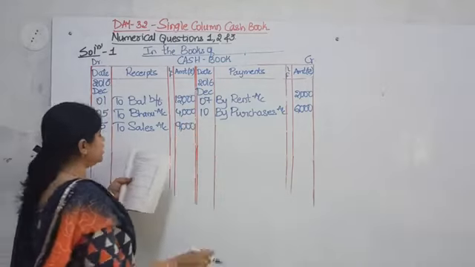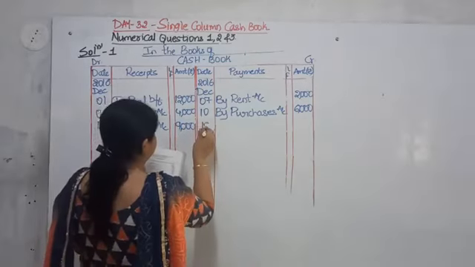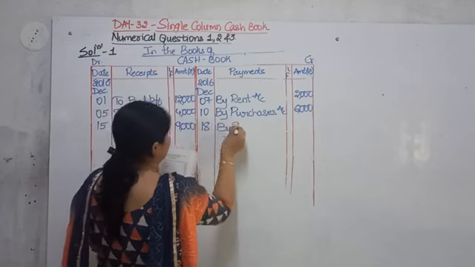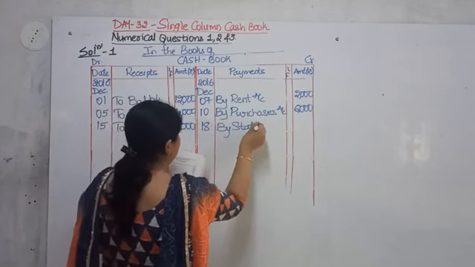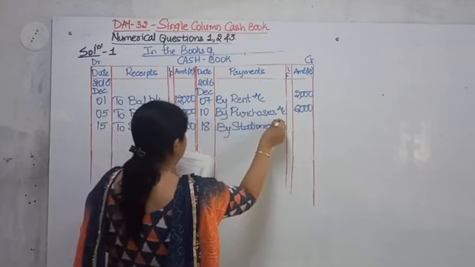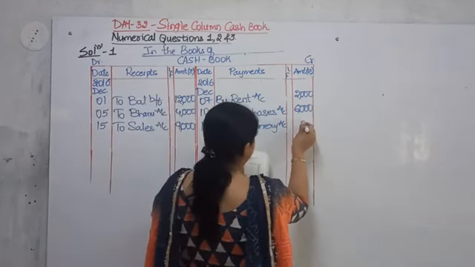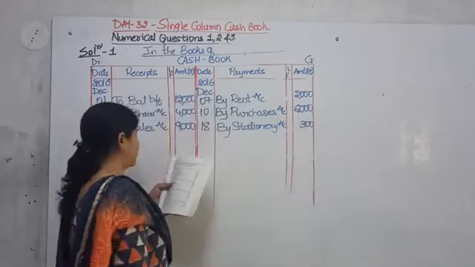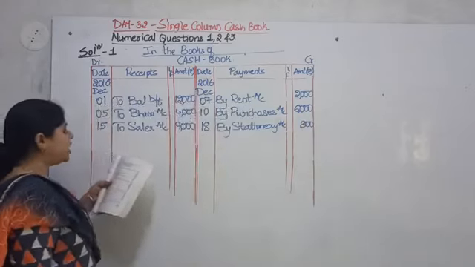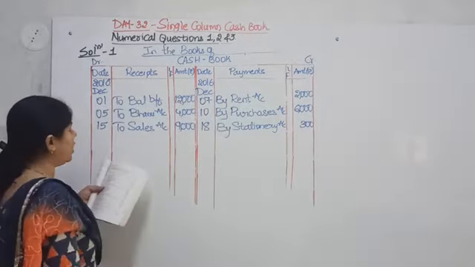Next, purchased stationery. So write down by stationery account. And what is the amount? See, the stationery amount is 300. Next, cash paid to Rahul on account.